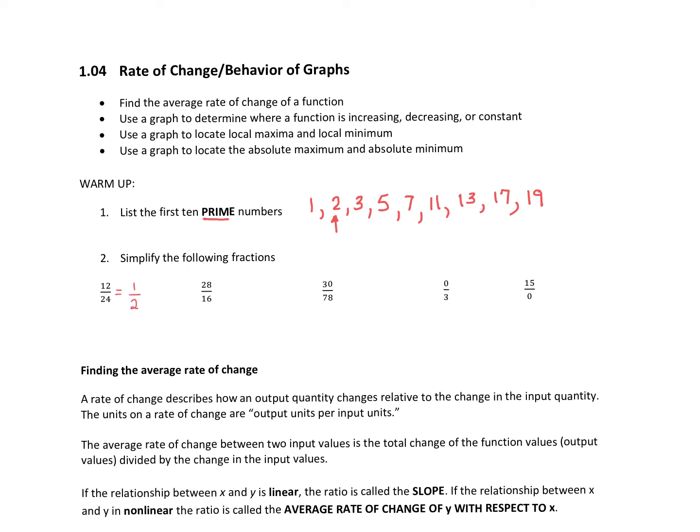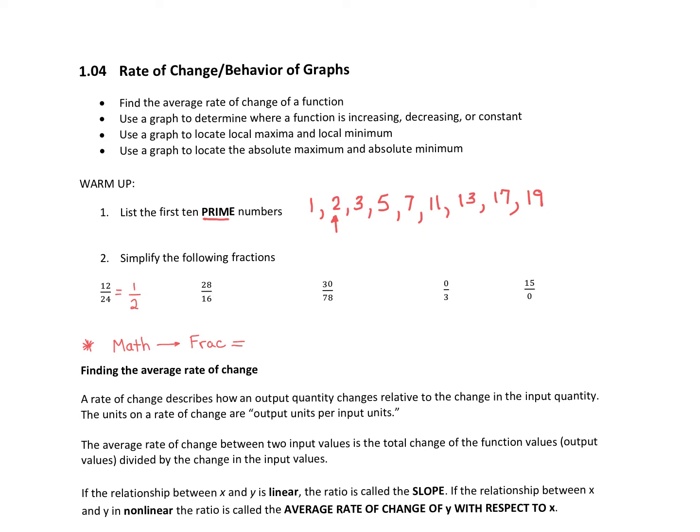One thing I wanted to make you aware of: if you're using a TI graphing calculator, you can use Math and then click the button that says Frac and then Enter. If you put 12 divided by 24 in your calculator, it's going to give you 0.5. But if you wanted to turn it into a fraction, you'd do Math, Frac, and then the equal sign.